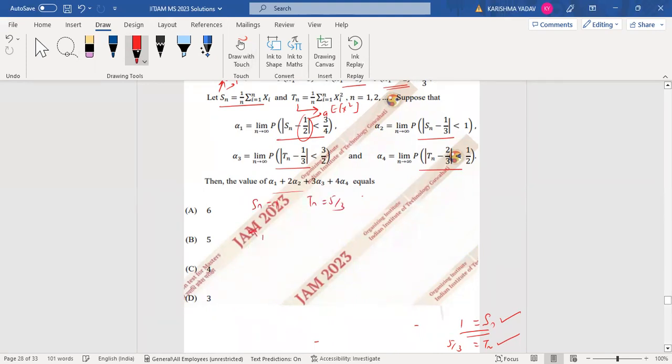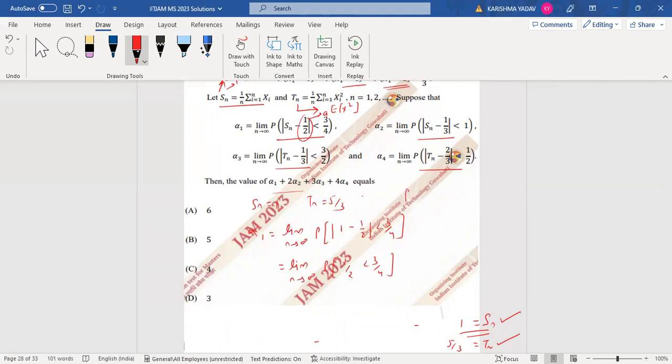If we look at alpha 1, it is the limit as n tends to infinity of the probability, putting in the value of Sn, that |1 − 1/2| is less than 3/4. Now I am going to see whether it is satisfied or not. 1 − 1/2 is 1/2, less than 3/4. Is it true that 1/2 is less than 3/4? Yes, it is true.